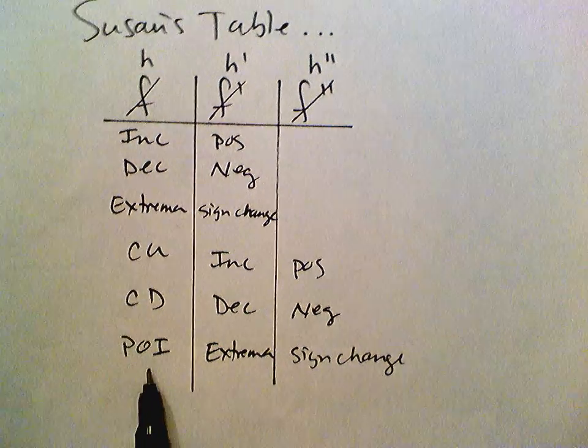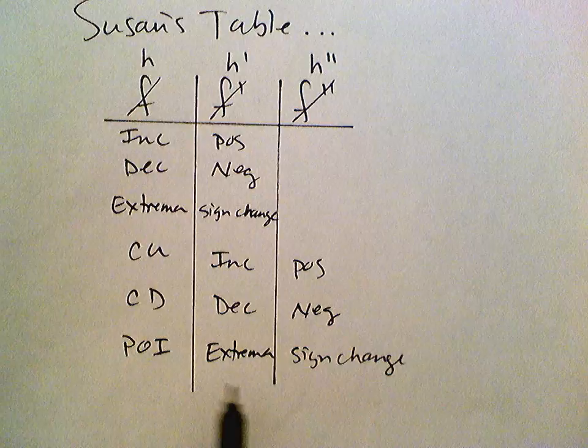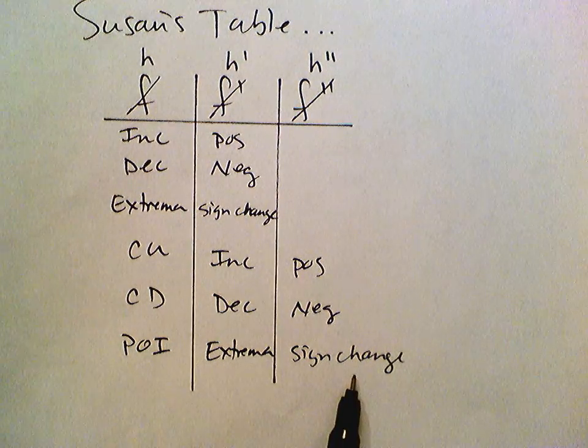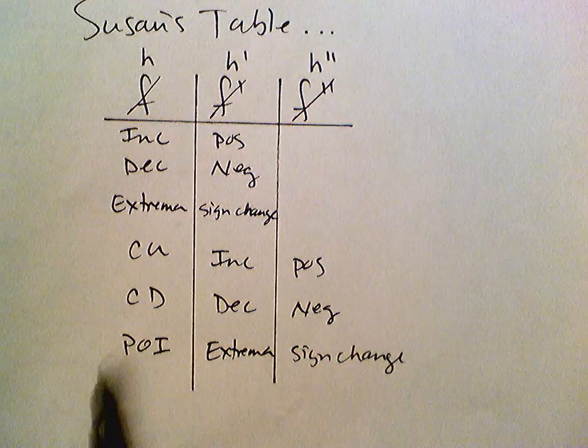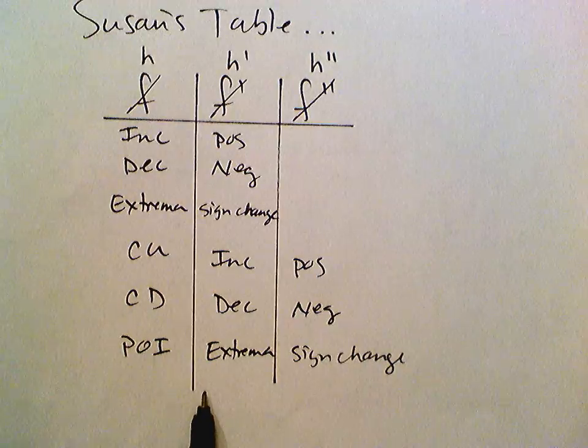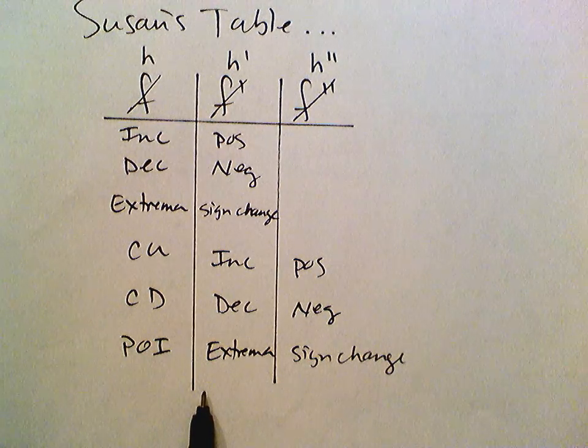So if you can match a point of inflection with an extrema with a sign change, then you can kind of see the order that the functions should come in.